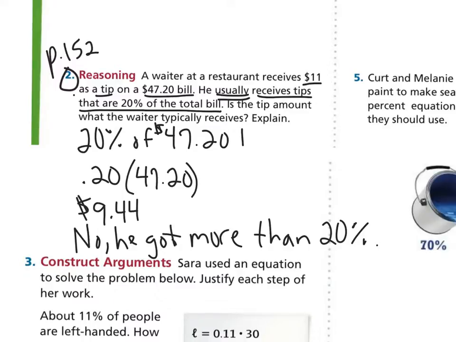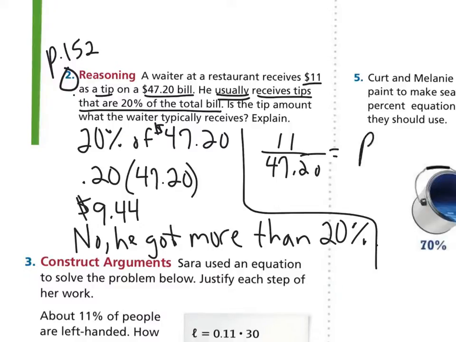One other option I'm just going to mention to you, probably not what you might have thought to do here, but you could do a proportion would be another option. So you could say, we've got $11 out of $47.20, and we're trying to find what percent that is out of 100.